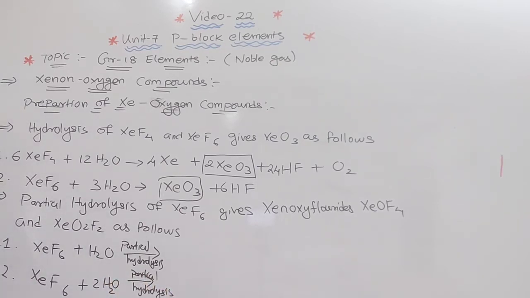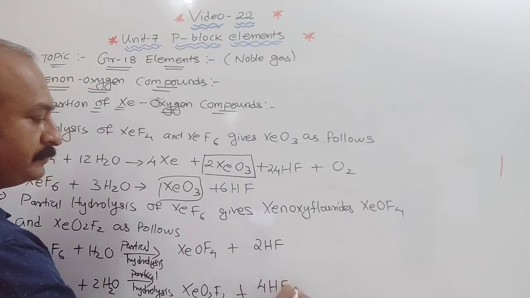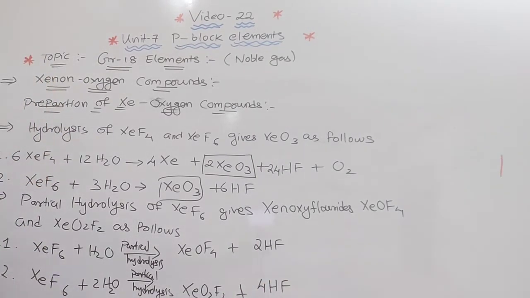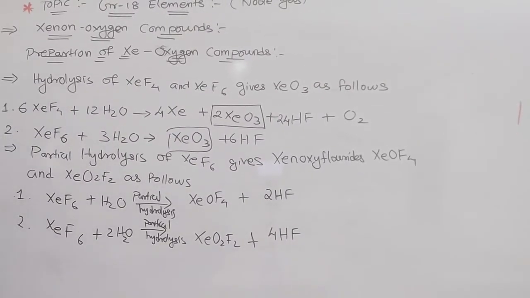Clear? If you do partial hydrolysis in this case, what you will get? You will get XeOF4, and here XeO2F2. Now if you see, two molecules of water are required, so here it will be 2HF and here it will be 4HF.